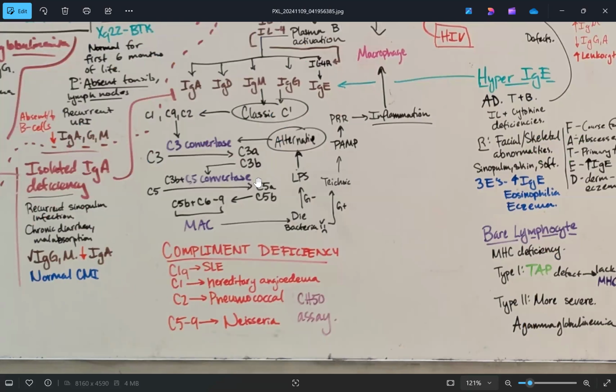C1 esterase inhibitor deficiency will be associated with hereditary angioedema, and lack of C2 will be involved with pneumococcal infections. If you have C5 through 9, which will be your MAC deficiency, then you'll see a lot more Neisseria infections. And then you'll generally assess for these with the CH50 assay.